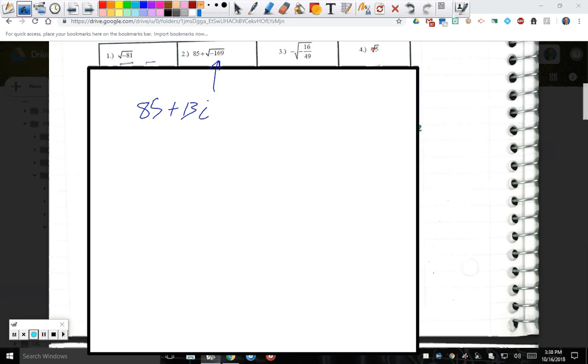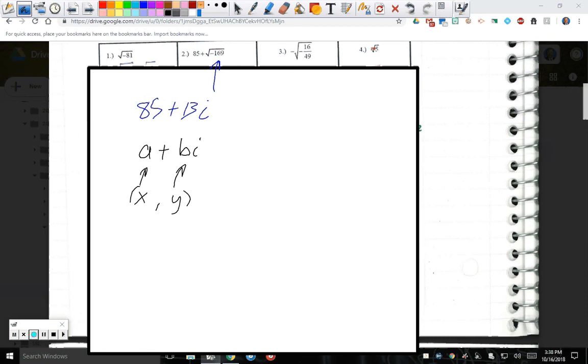I've shown you a graph, I've shown you algebraically, and I'll even show you a different graph per se. You have these forms of a plus bi. If I were to graph, a is relating to the x value, and b is relating to the y value.